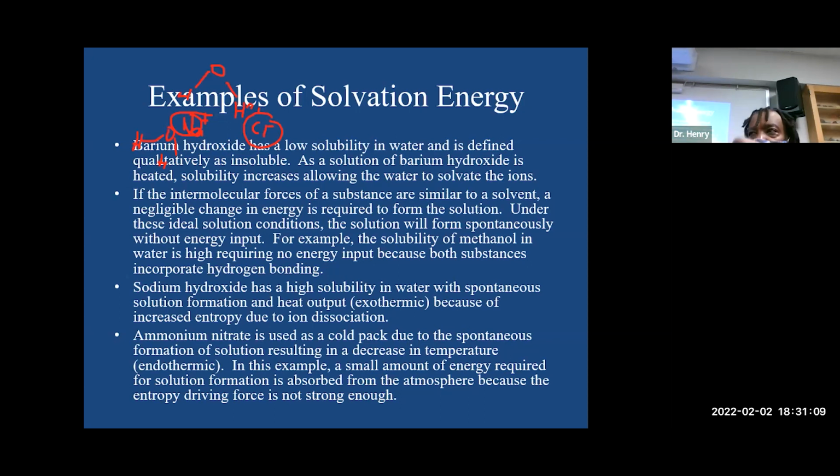So you're going from an ordered state to a chaotic state, and that's going to result in heat being released. So then in that case, you're going to have an increase in entropy.